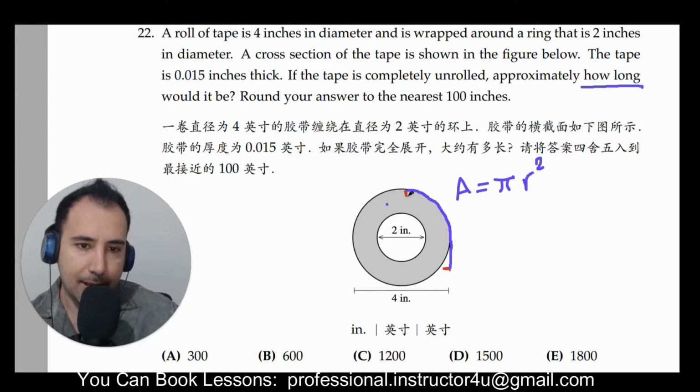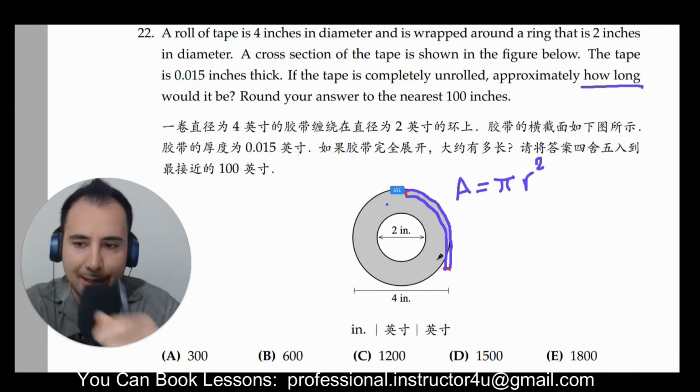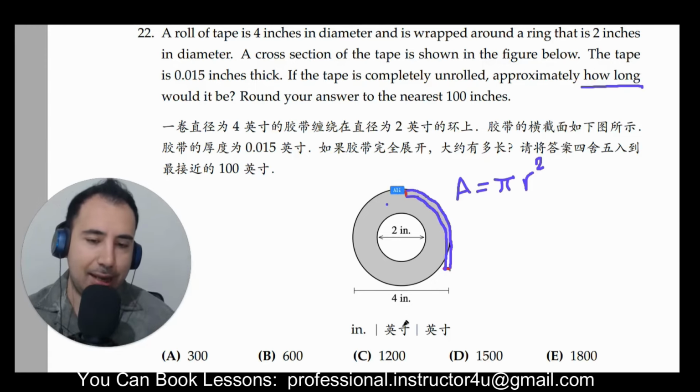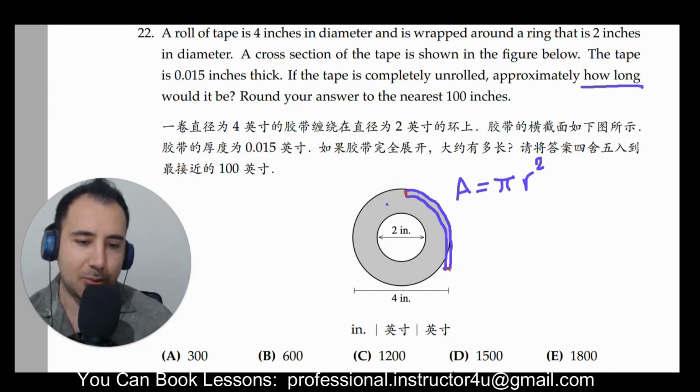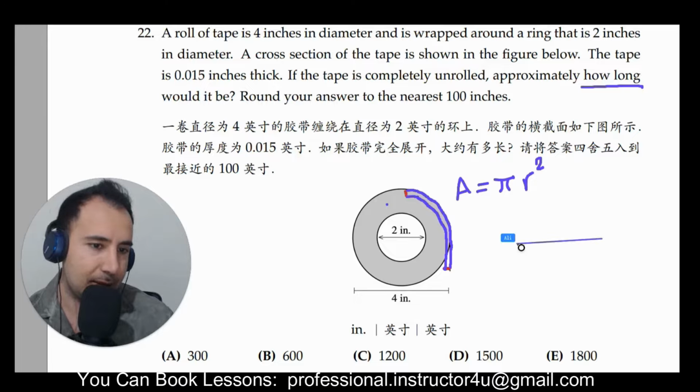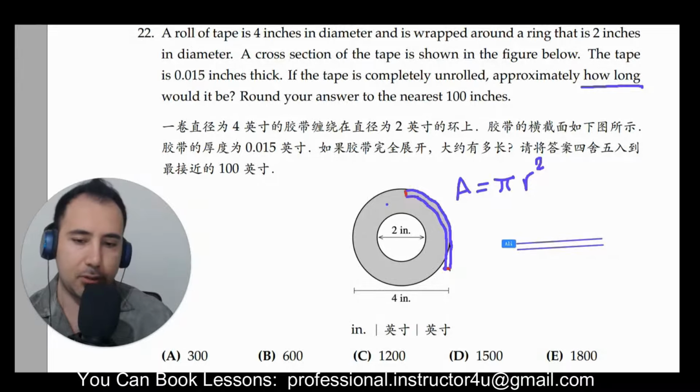And then we're going to cut this part of the tape and stretch it. You have to visualize what it will look like after stretching it. It would be something like this. The purples are turning into purple and the red ones are turning into red.